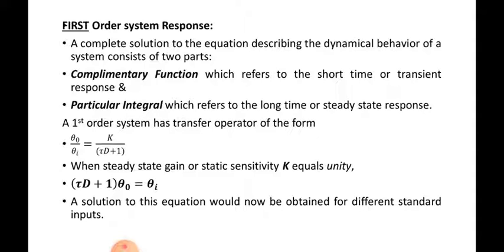In that case, when the steady state gain or static sensitivity k is unity, k is treated as 1, then (tau D plus 1) multiplied by theta 0 equals theta I. A solution to this equation is obtained for different standard inputs.